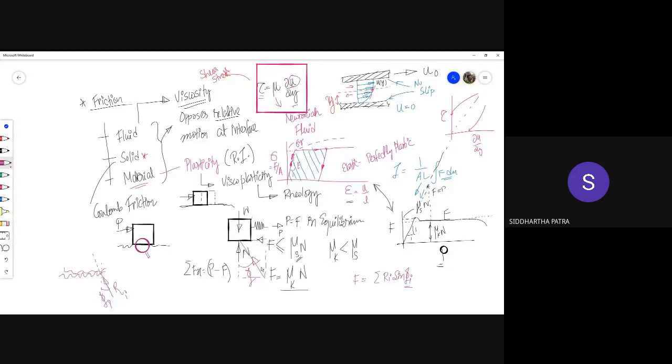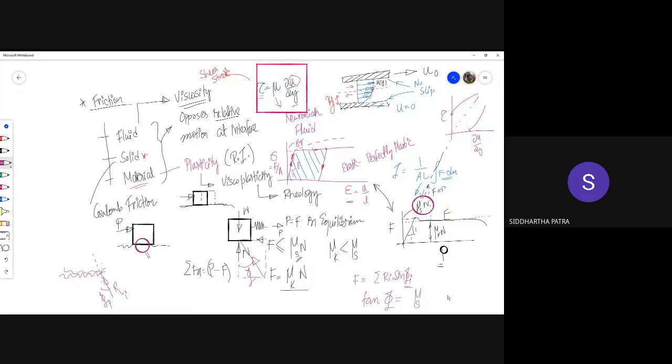And when the block is in the limit of static friction, tan of phi is actually mu s. This relation you should also be familiar with. So when the block is about to start moving, coming from the domain of equilibrium, when the two surfaces are about to have relative motion, that's when tan phi is mu s.